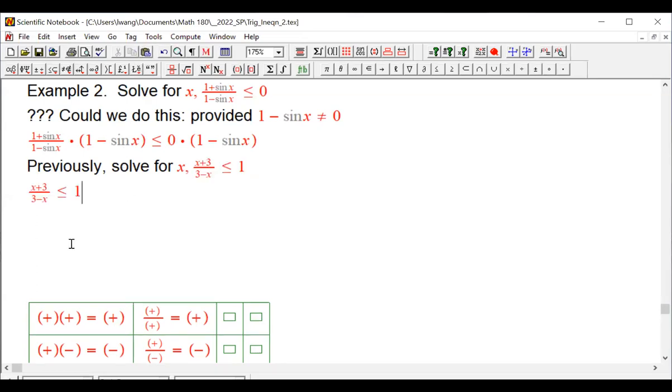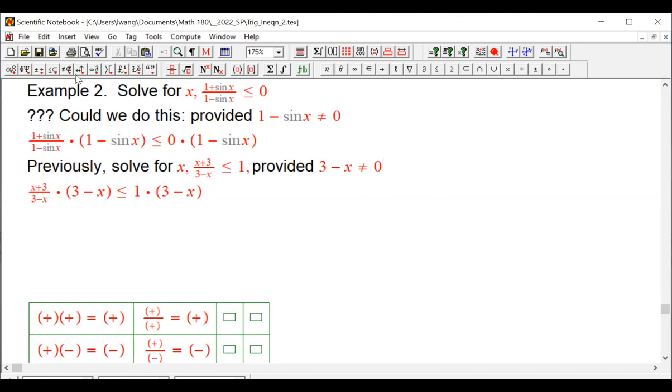At the time, we said if we multiply both sides by the denominator, provided the denominator is not 0, we also provided that 3 minus x is not 0.